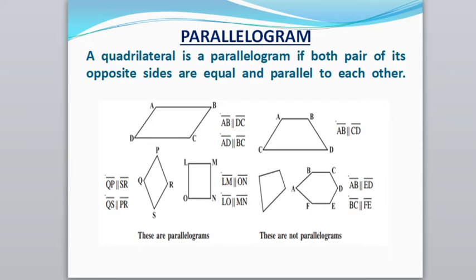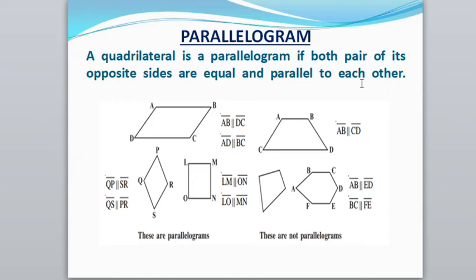Next is the parallelogram. A quadrilateral is a parallelogram if both pairs of its opposite sides are equal and parallel to each other. So what is a parallelogram? It is given that a parallelogram is a quadrilateral if both pairs of its opposite sides are equal and parallel to each other.